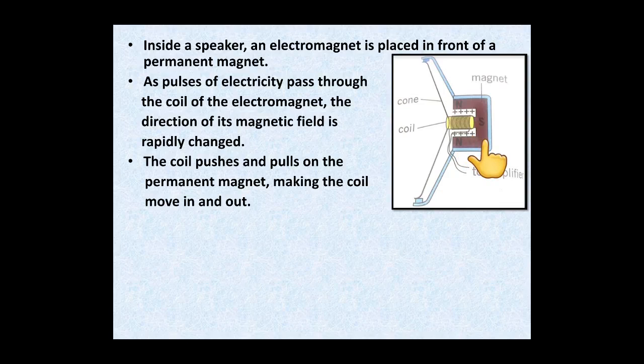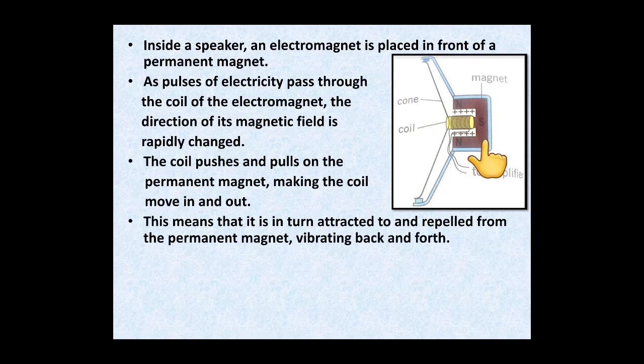This makes the coil move in and out. The push and pull is caused by the interaction of both the magnetic field of the permanent magnet and the electromagnet. This means that the electromagnet is in turn attracted to and repelled from the permanent magnet, vibrating back and forth.